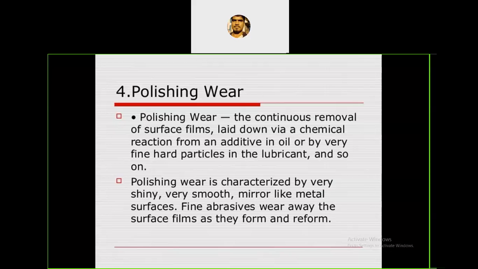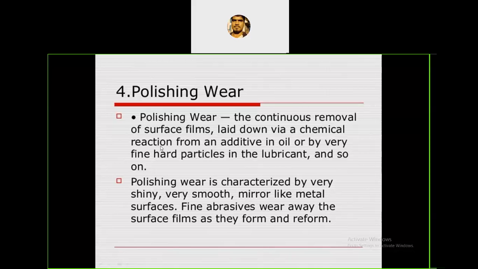If you want to see the microstructure, first the specimen must be thoroughly polished, then only can you see the microstructure. So polishing means removal of a very small amount of material on the surface. Polishing is a continuous removal of the surface film or layer laid down via chemical reactions. It is through chemical reactions.